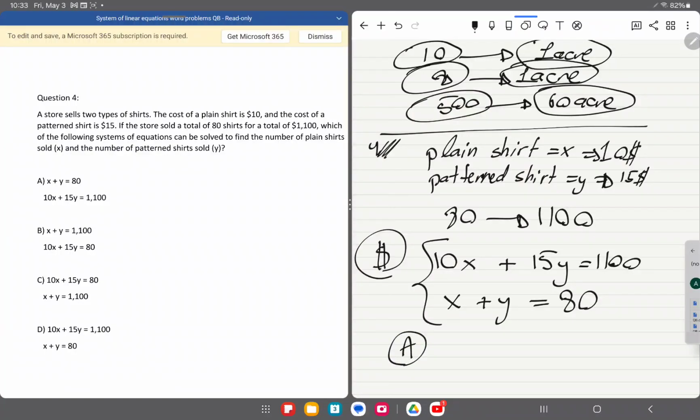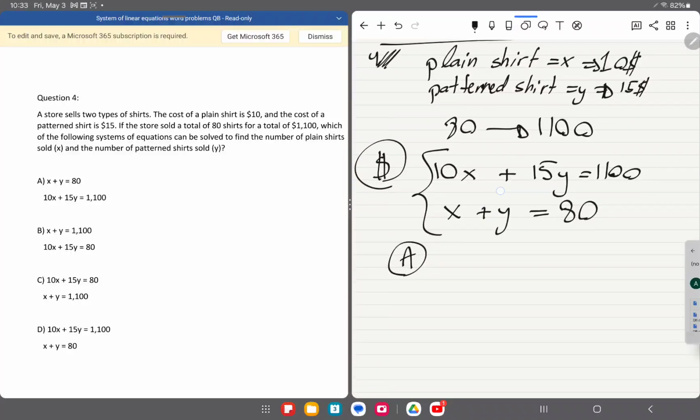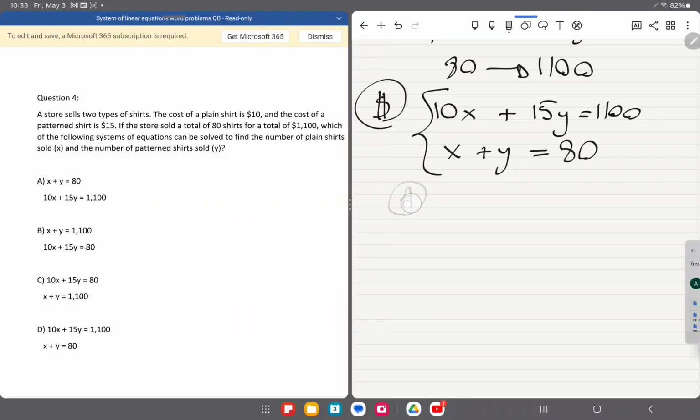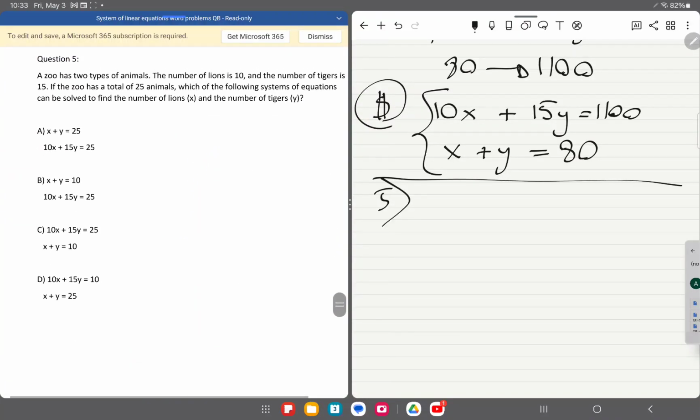Okay, so let us go to question 5. They're telling us a zoo has 2 types of animals.